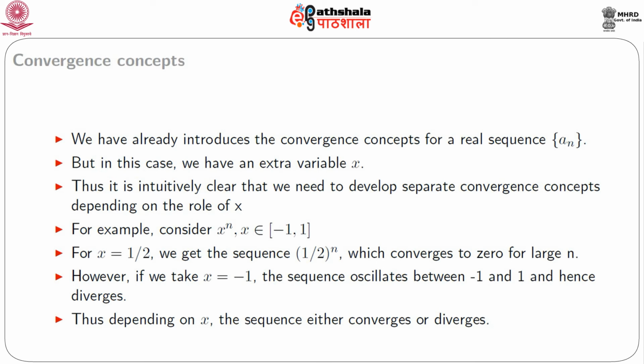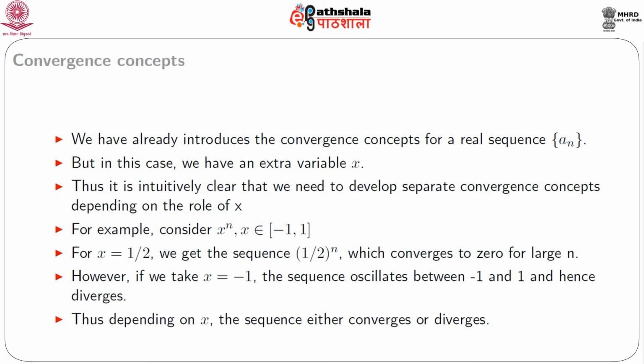We have already introduced the convergence concepts for a real sequence a_n, but in this case we have an extra variable x. Thus, it is intuitively clear that we need to develop separate convergence concepts depending on the role of x. For example, consider x to the power n, x belonging to minus 1 to plus 1.